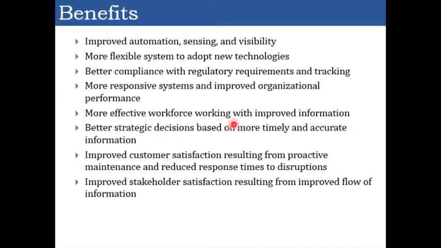A more effective workforce working with improved information, because now the people know the best of both IT and OT, so they can work more efficiently. Better strategic decisions based on more timely and accurate information, because the information is coming from the OT domain directly into the IT domain.